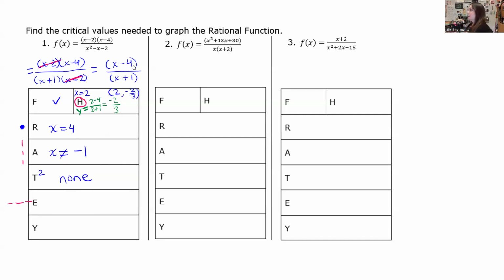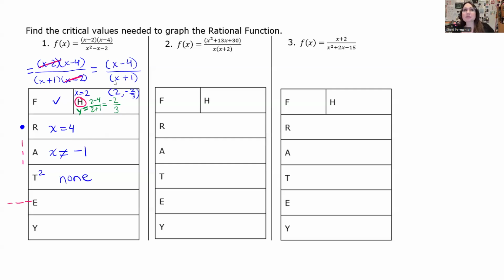And when I was talking about the ratio of the x's, how many x's do I have on top? And the bottom? Do I have the same or a different number on the top and the bottom? Same. So what I'm looking for is the ratio of the leading coefficients. Okay, well, what's the number that's in front of the x?